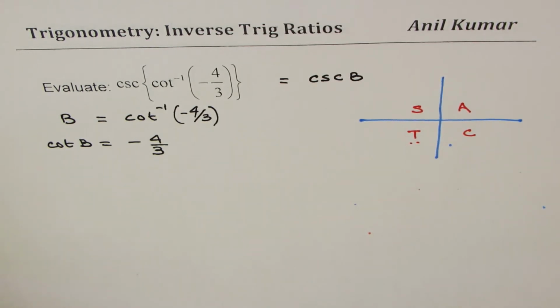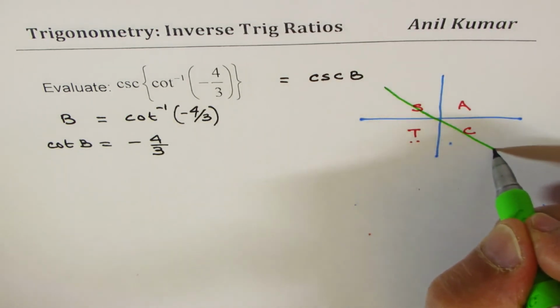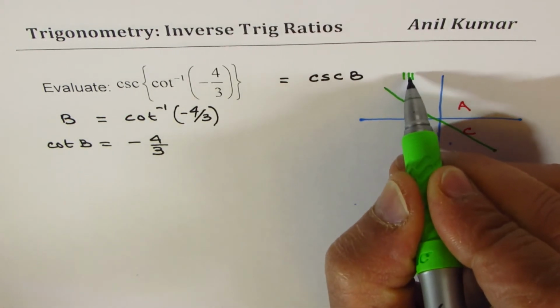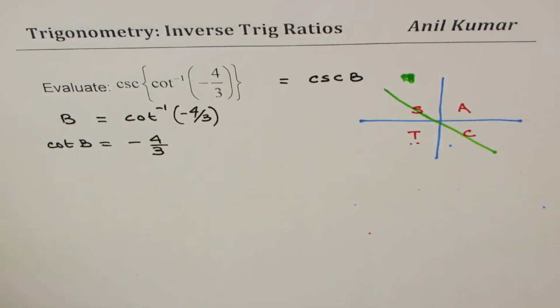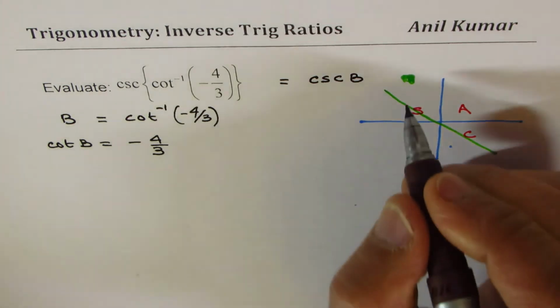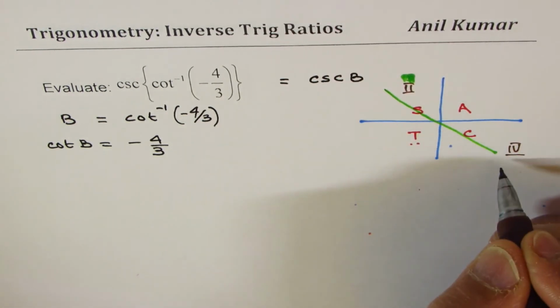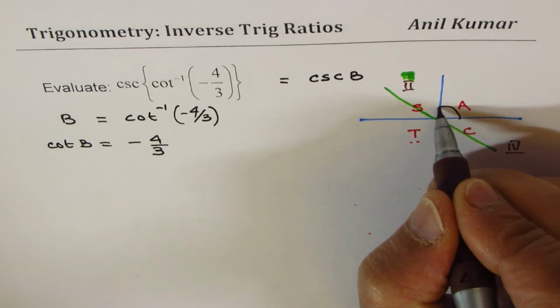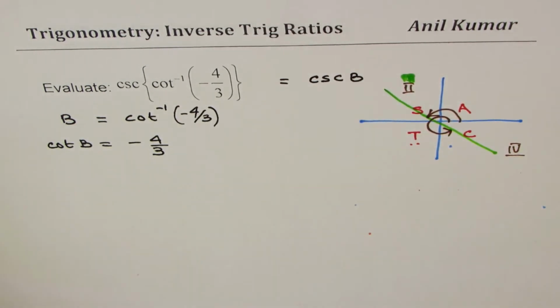Being negative means we're looking for something in quadrant 3 or, let me rewrite, in quadrant 2 or in quadrant 4, right? That is what we are looking for. So the angle could be in quadrant 2 or in quadrant 4. Is that clear? So that is one part.